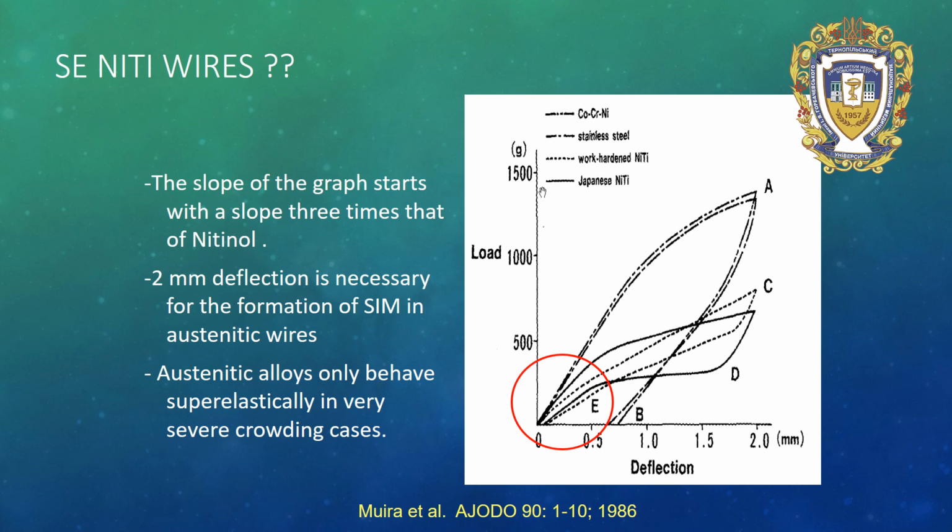SE NiTi wires: the slope of the graph starts with a slope 3 times that of nitinol. 2 mm deflection is necessary for the formation of stress-induced martensite in austenitic wires. Austenitic alloys only behave superelastically in very severe crowding cases.